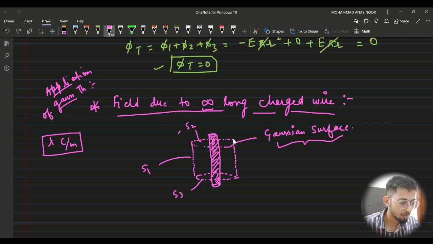And what will be the electric field due to this line charge? It would be directed outwards like this, and everywhere on this surface it would be acting like this. Let's draw one or two, not many.